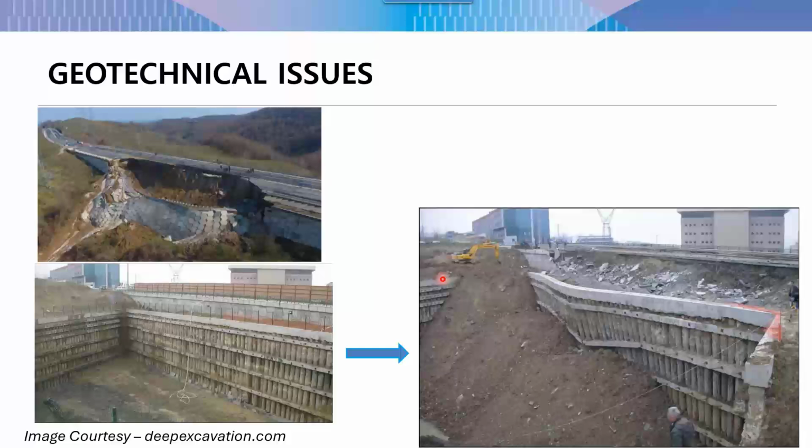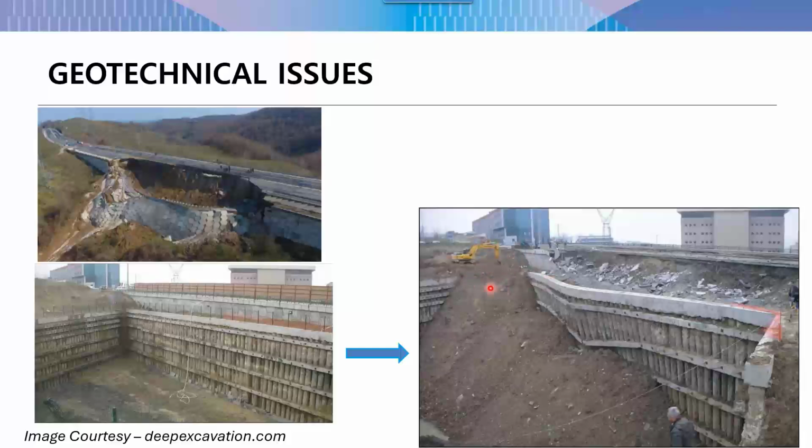This image is an indication of two things. First and foremost, excavations need to be planned very carefully and meticulously. Second, this is the classic example of why we would need a 3D analysis to support our vision, because you see, this failed in the corner.